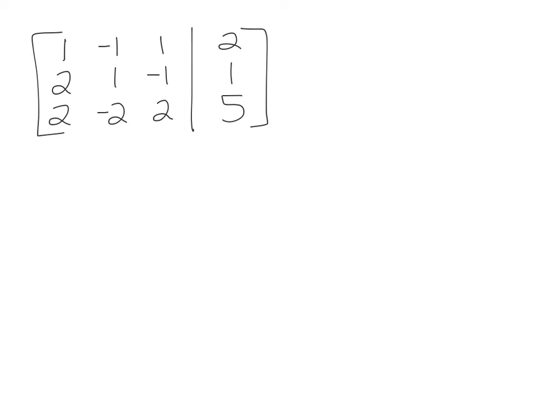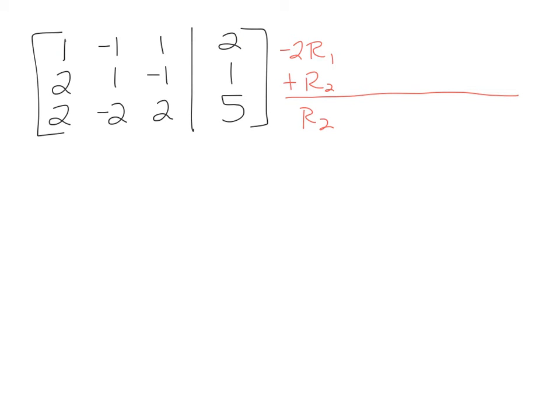In order for us to do that, we will need a -2 to eliminate each of these 2's. So how can we do that? We can multiply -2 times row 1, we can add it to row 2, and we can store the answer back into row 2. So row 1 is 1, -1, 1, and 2.